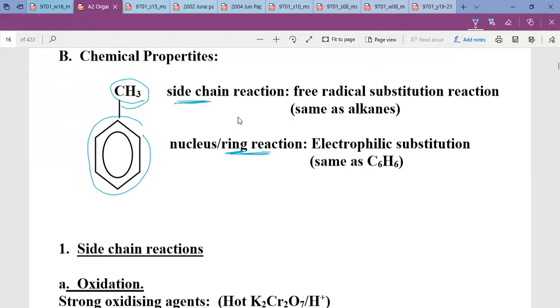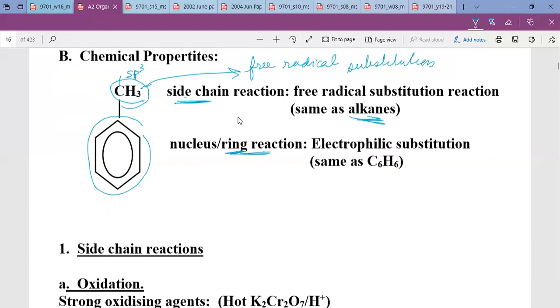Two reactions. The side chain carbon here is sp3, so it is just like your alkanes. You react just like alkanes, which means that it will undergo what? Free radical substitution.